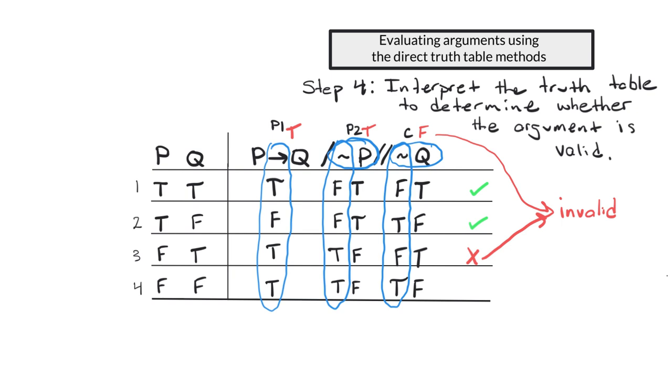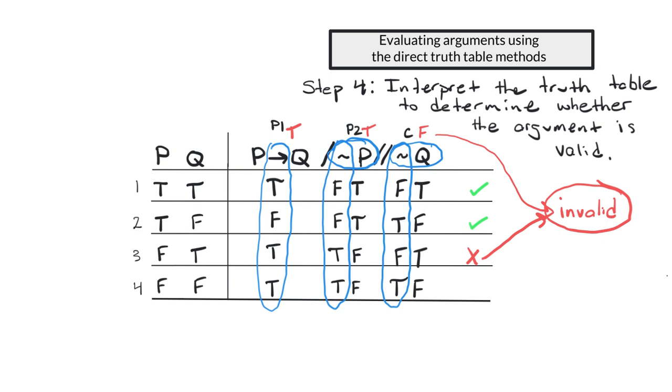What that tells us is really everything we need to know, namely that this argument is invalid. We don't even need to go to the fourth row. We will, just to practice. But once we hit that, we have shown that it's possible for this argument form to have all true premises and a false conclusion. And it happens under row 3, where P is false and Q is true.